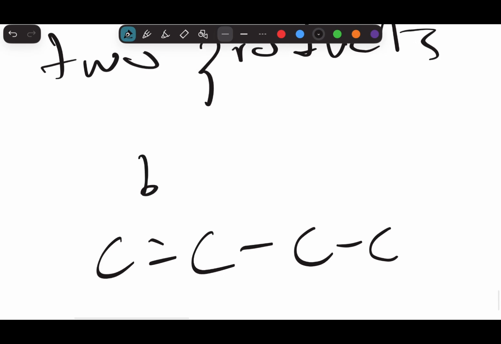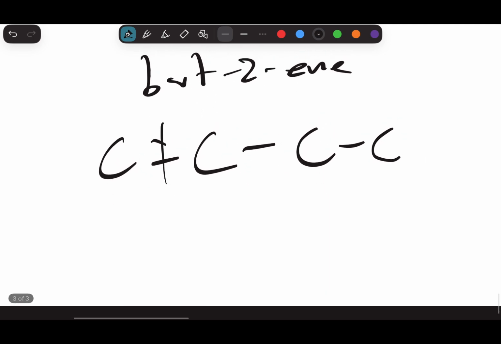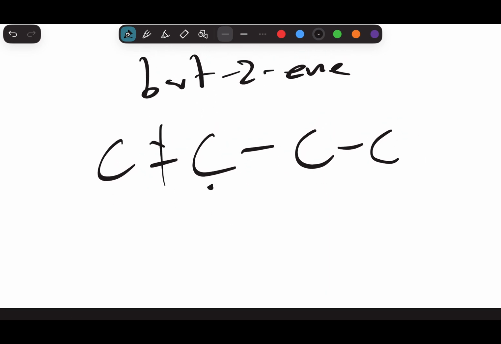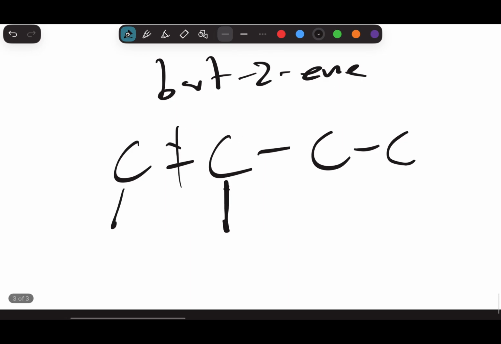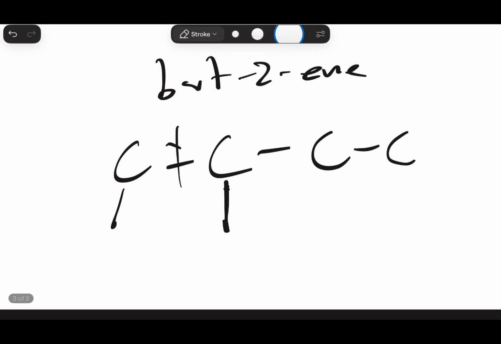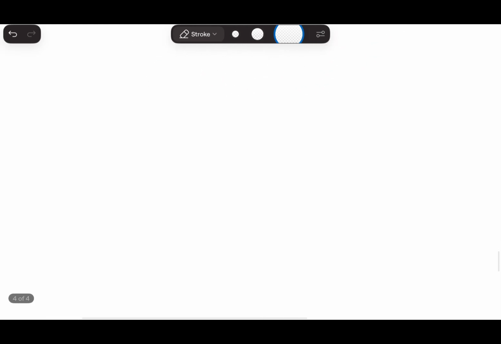Butene. Butene, double bond here. The double bond will break here. The OH can either go with this carbon or with this carbon. It doesn't really matter, but something to keep in mind is what will most likely happen. They both will happen, but there's one that's more likely to happen.